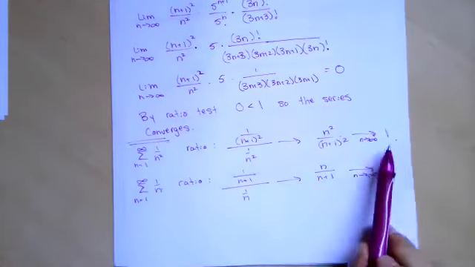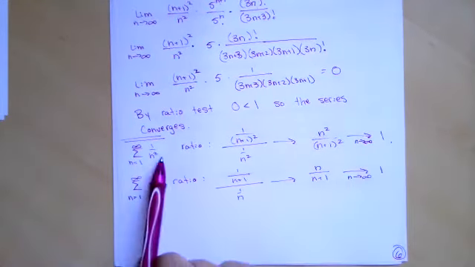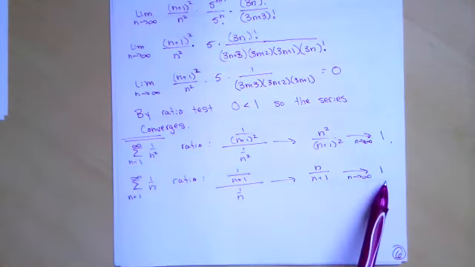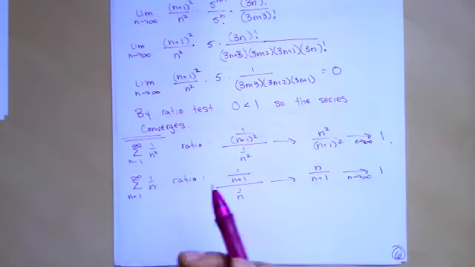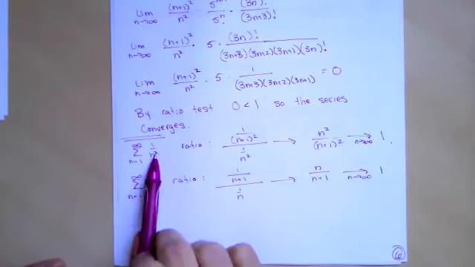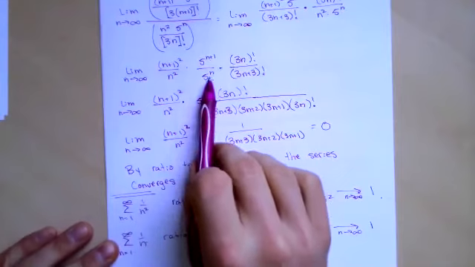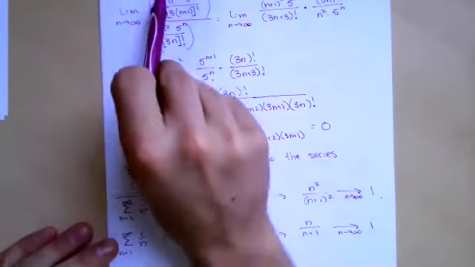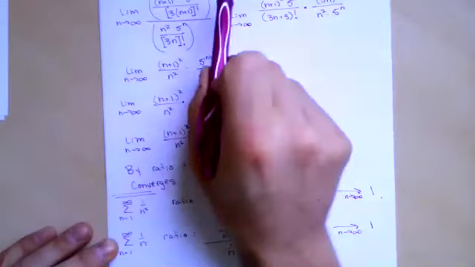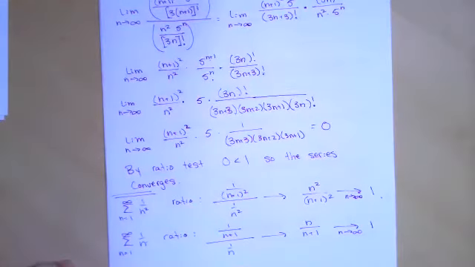So a 1 by the ratio test could mean converge or it could mean diverge. We can't tell. The ratio test really doesn't work well with polynomials. It works great with exponential functions or functions that grow faster than exponentials, factorials, or even things like n to the n.